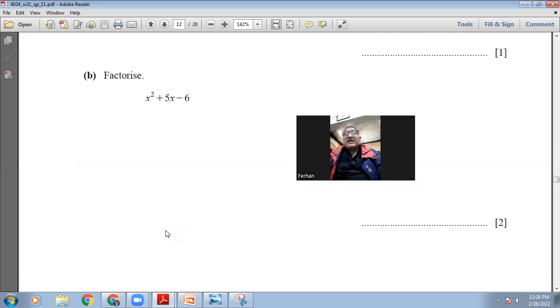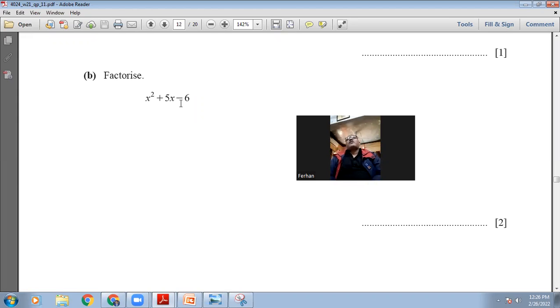So it will be 1 multiply 6 and 2 multiply 3. But you can see the sign with the third term is negative. So I have to choose that pair which by subtraction will give you 5, and by multiplying will give you 6. So 1 and 6 is that pair: by multiplying it gives 6, and by subtraction it gives 5.